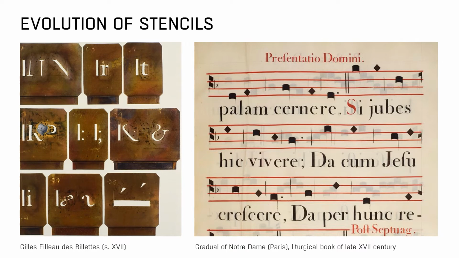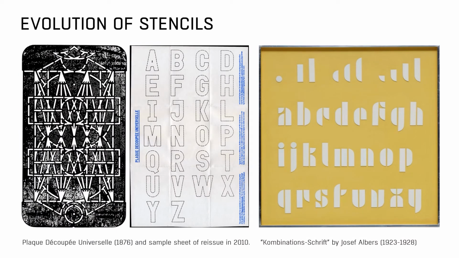According to Eric Kindel, the systematic use of stencils for the composition of text is found in the liturgical books of the 17th century, in which the lyrics of the songs and prayers were stenciled along with musical notations. Another ingenious stencil was the Plaque découpée universelle, designed by American Joseph A. David.